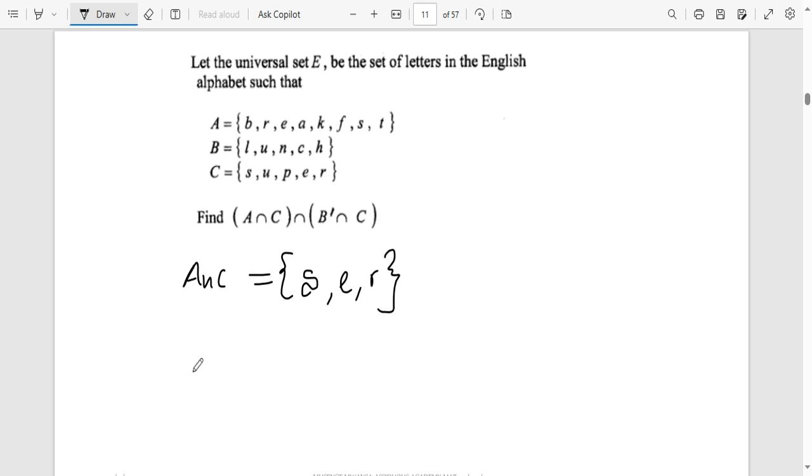Okay. And then let's find B complement intersection C. Now the meaning of this is you want elements which are in C but they are not in B. What elements are in C but not in B? R, E, and P and S. Okay, these are the ones, isn't it?